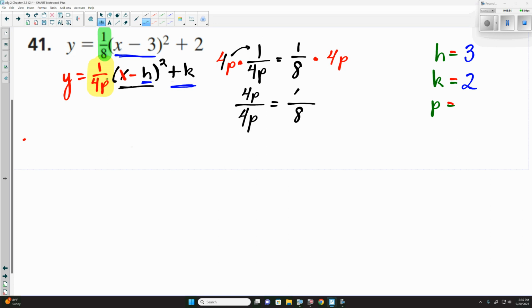On the other side, we would get 4p over 8. Well, 4p divided by 4p, anything divided by itself is 1. Now 4p over 8, the 4 over 8 reduces to 1 over 2, because 4 over 8 is the same as 1/2, so p over 2.